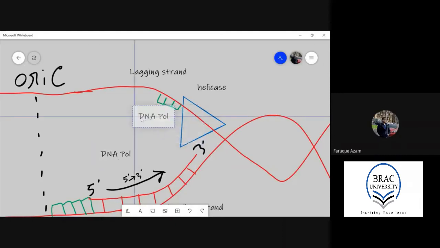And then the DNA polymerase will come and attach the new strand.